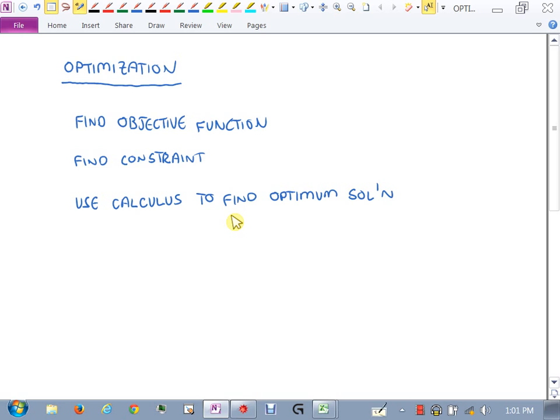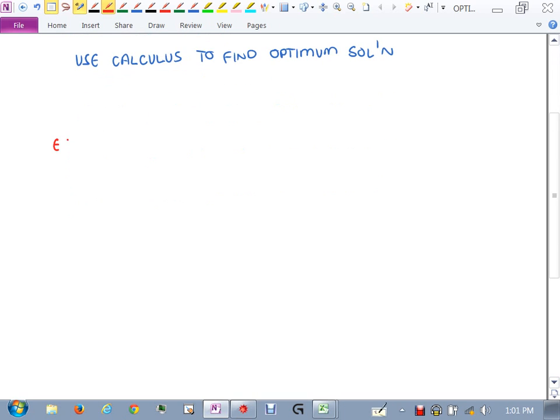The farmer with the fence problem is a classic optimization problem. Here is another classic optimization problem. Let's say we have a sheet of cardboard, and let's say we know the dimensions: 24 inches this way, and 15 inches this way.